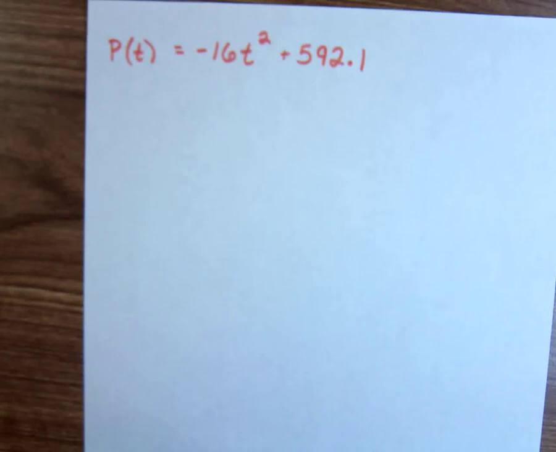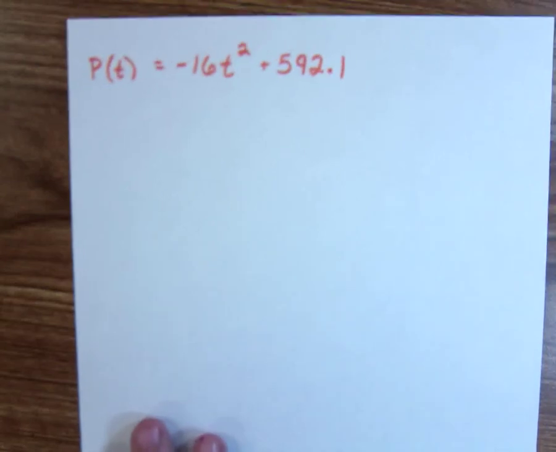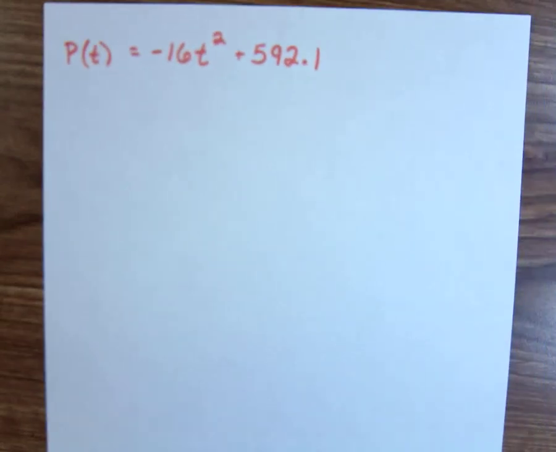Microbiology. What does it do? Measurements. Okay, but what specifically is this measuring? Trying to measure your cells or whatever you're trying to. Mostly the plus 592.1 is probably meaningless to you. I'm curious, the negative 16t squared. Have you seen that before?